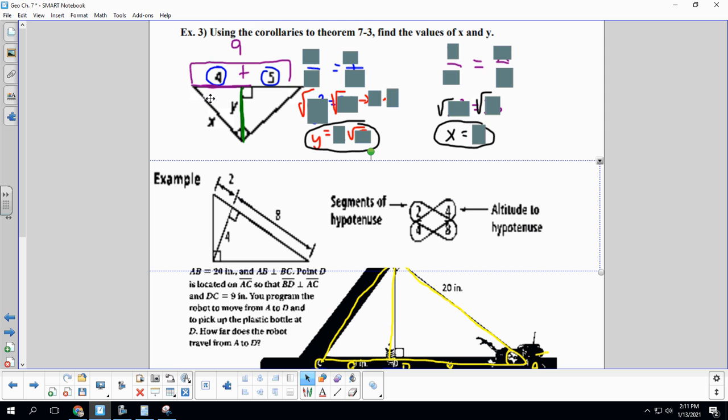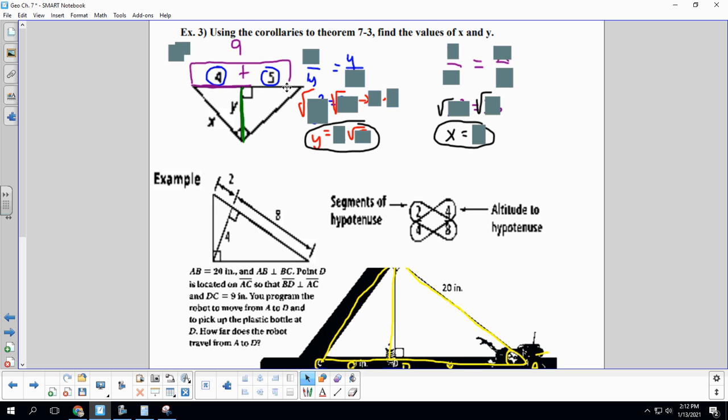So the situation with y is where we have y is this 4. So everywhere there was a 4 here is going to be a y, because that's the altitude. So instead of a 4, it's going to be a y. Okay, and then here's the altitude, here's the hypotenuse.